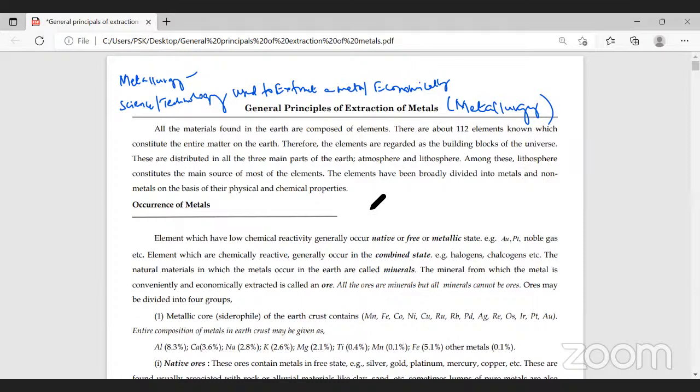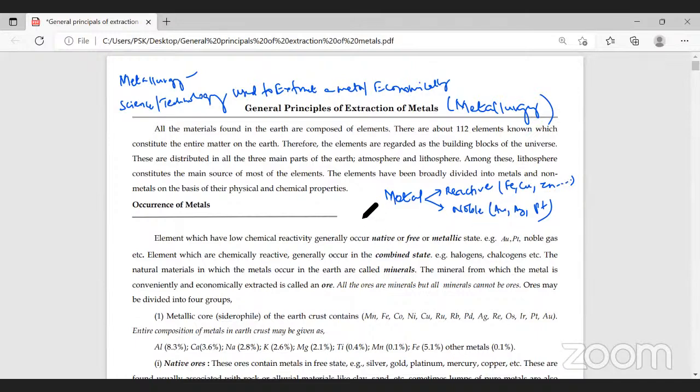Now, metals are found generally in the Earth's crust. We have two types of metals: one is reactive, the other is noble metals. Noble metals, we know, are gold, silver, platinum. All the other metals, iron, copper, zinc, etc., are reactive metals.